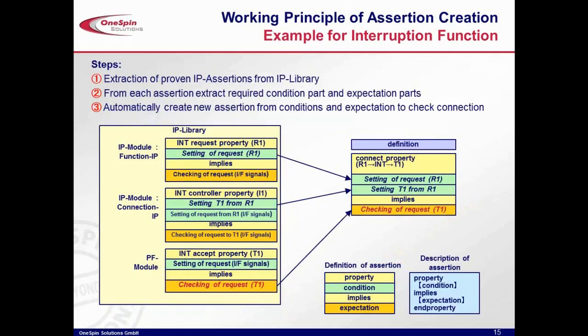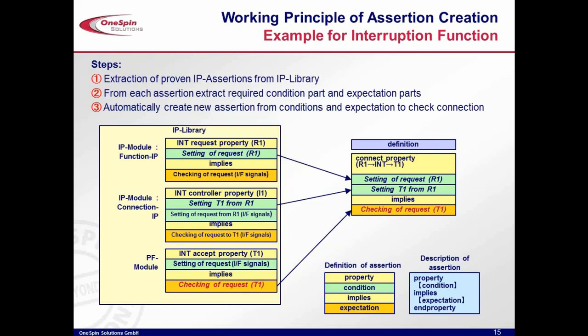So what they did is basically take pieces of these assertions and recombine them to create an assertion that talks about the SoC. The style of assertion that was separating cause and effect enabled them to take the cause of an assertion developed for IP A, the cause of an assertion developed for the connectivity bit, and maybe the expectation from an assertion developed for the CPU, put them together and have a new assertion.